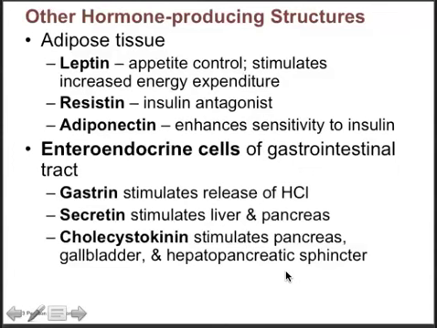Cholecystokinin stimulates the pancreas, the gallbladder, and the hepatopancreatic sphincter, and is the trigger for the release of pancreatic juice and bile into the duodenum just prior to the chyme entering it through the pylorus of the stomach, so that we can engage in the next phase of the chemical breakdown of food through the digestive tract. And serotonin acts as a paracrine signaling hormone.